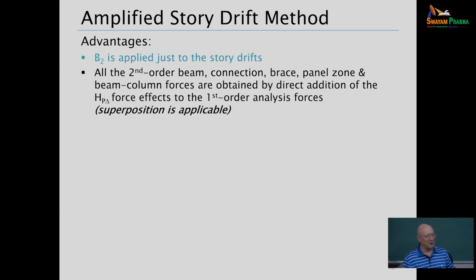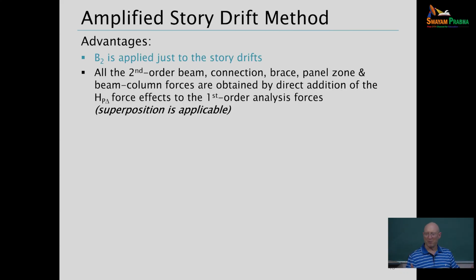In terms of a stiffness-based B2, I can say, well, I'm worried about my panel zones. I want to include that in my model, and so I include a panel zone deformation effect on my drift. Or my column is short and stubby, so I'm going to get some significant shear effects on the sway from the column. I include it in my model. Whatever it is, you've got a story stiffness, then work from there.